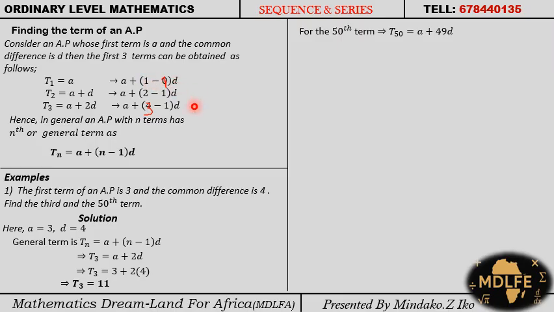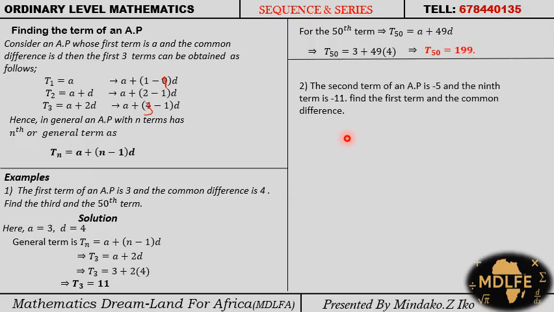Substituting my first term and my common difference, T50 equals 3 plus 49 times 4, and T50 is equal to 199. So that is my answer.